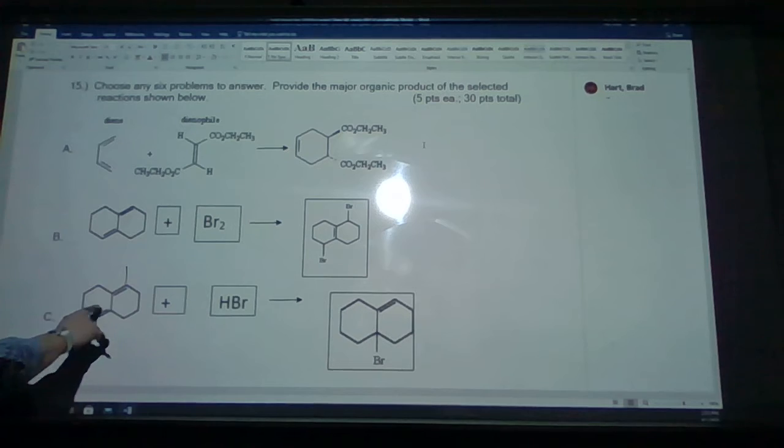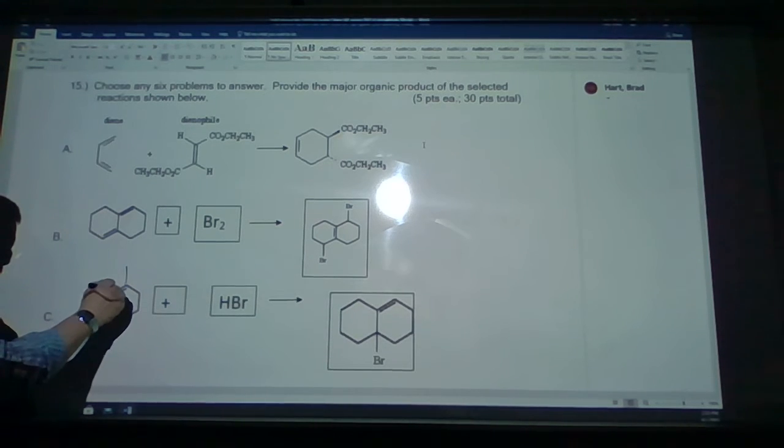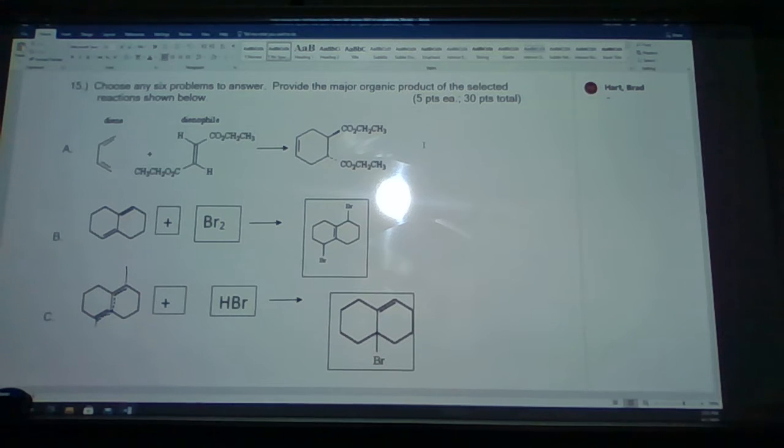Since this is a conjugated double bond, Markovnikov addition says the hydrogen adds to the most substituted double bond. I mean, the least substituted double bond. There or there, or excuse me, is the most substituted double bond. Therefore, the hydrogen does not add there. It adds either here at this end or there at that end.